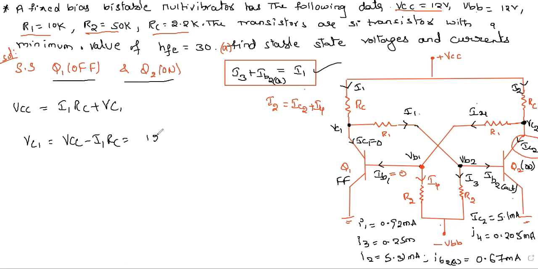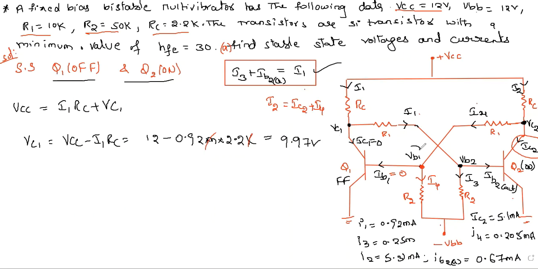So Vcc is 12 minus I1, which is 0.92 milliamps, into RC, which is 2.2 K. So this milli and K will be cancelled. So this value is approximately 9.97 volts. So the value of Vc1 is 9.97 volts.